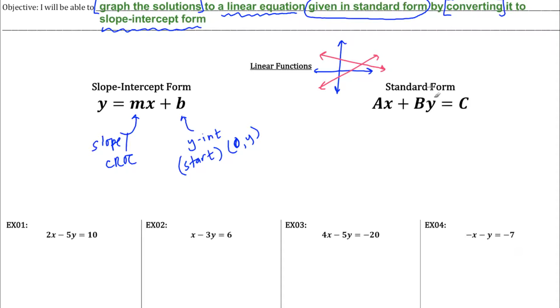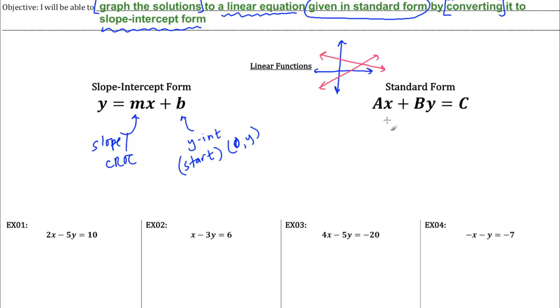Now we have this thing called standard form. Standard form is a number x plus a number y equals c. So ax plus by equals c. The thing about it is that these a, b, and c aren't fractions. They're not anything with a decimal value.